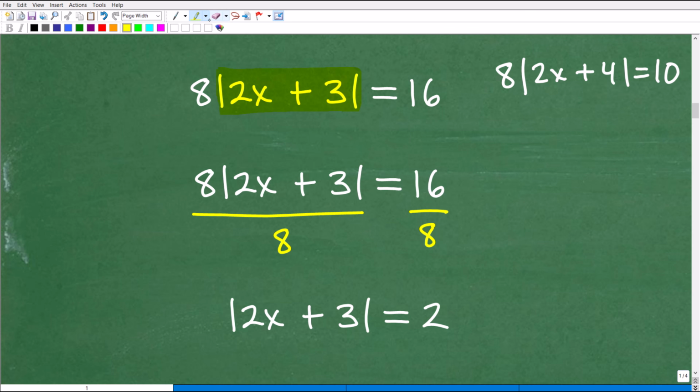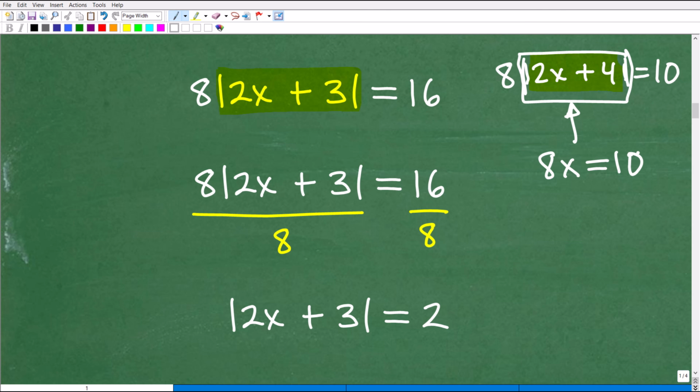Now, this whole absolute value part, all these numbers inside, pretty much just think of this as one big variable. In terms of your first step, let's just think of this as a variable x, like 8x is equal to 10. So if you were to solve this particular equation, you're isolating this part. Just think of this as a big variable.